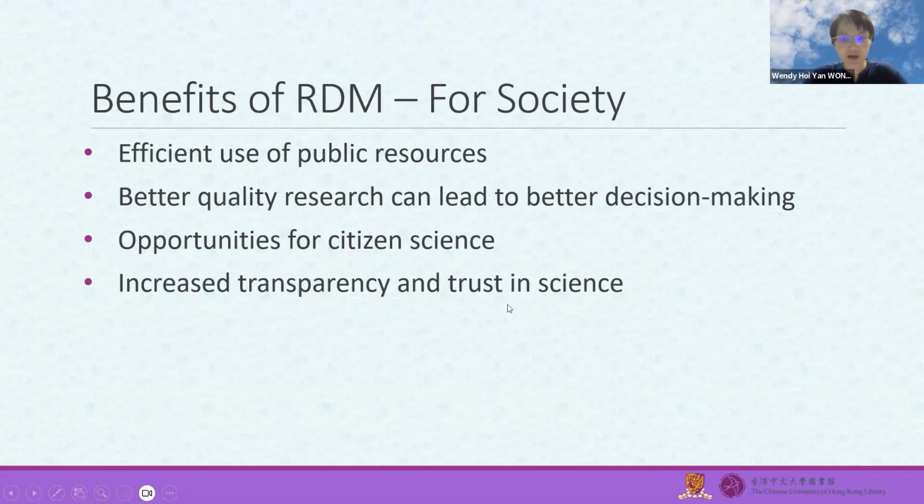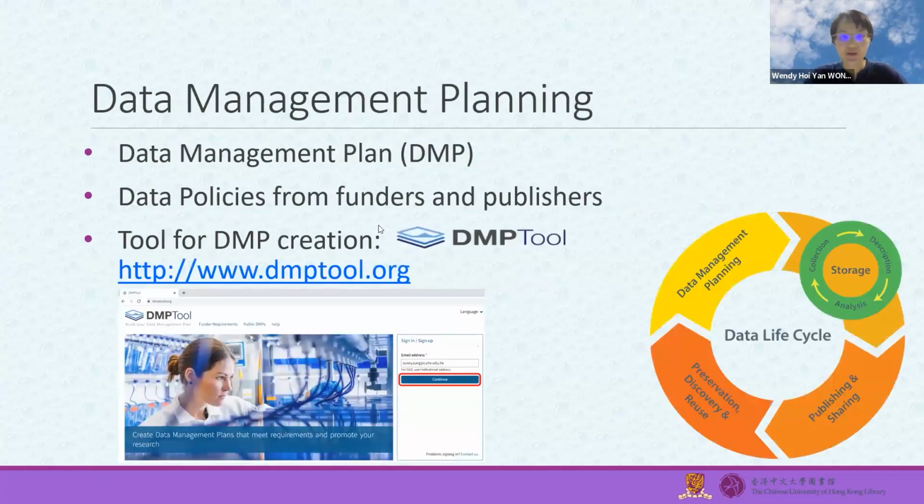And then if it is valid or it is a posture that you share your data, it means my data and my research output is trustworthy. So these are some benefits to the society, to the research academia, as well as to the researcher.